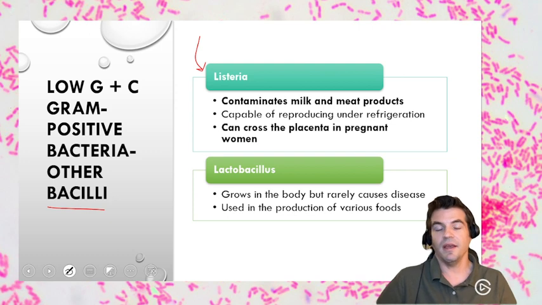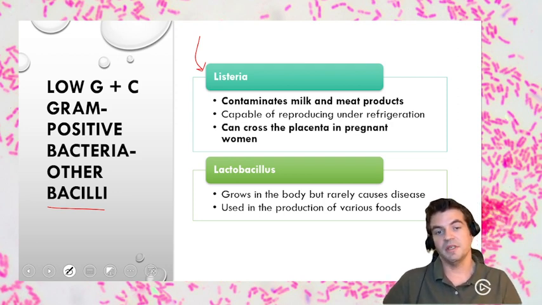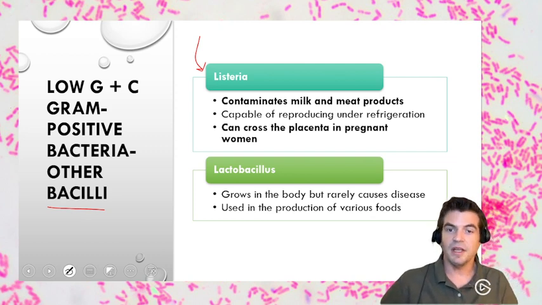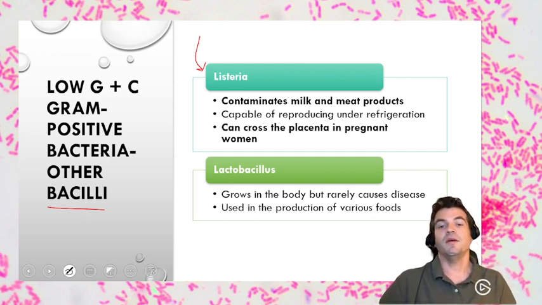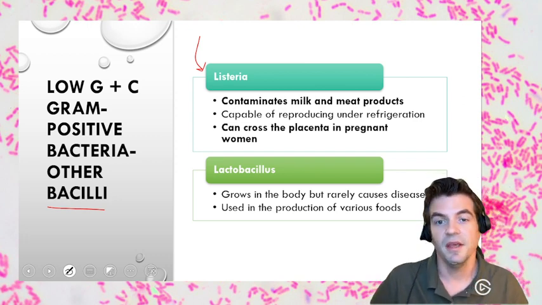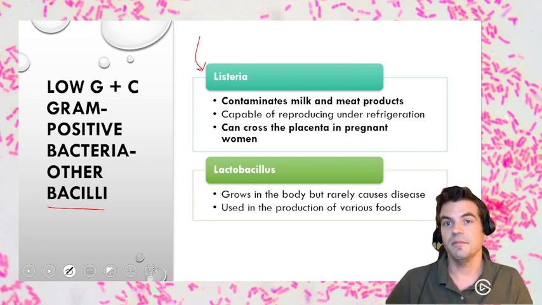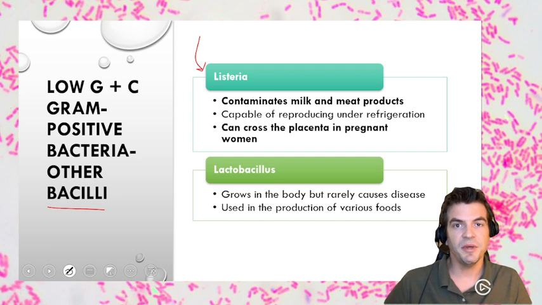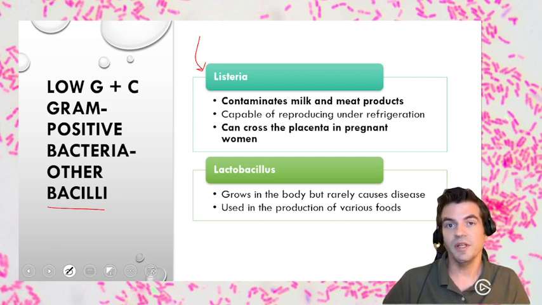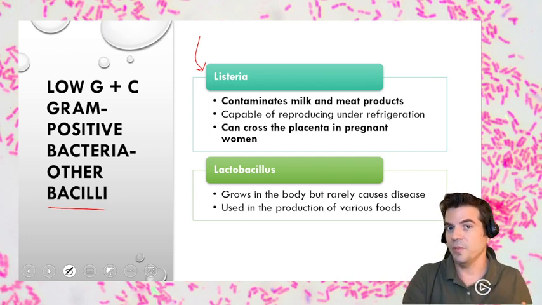If you're reading a case study where a pregnant woman eats X, or has yogurt, drinks milk, bologna, sausages, any kind of pregnant woman and food is most likely going to be Listeria. You want to remember Listeria. We even mentioned it with the phage therapy where they want to rid Listeria using a bacteriophage, the virus, and we'll talk about that in the next lecture.